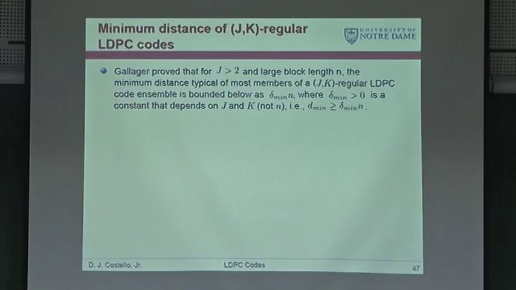N is the block length, and delta min is a number bigger than 0. It's a fraction, but larger than 0. And it's a constant that depends on j and k, how you pick these parameters, but not on n.